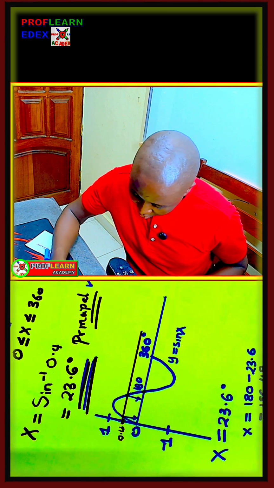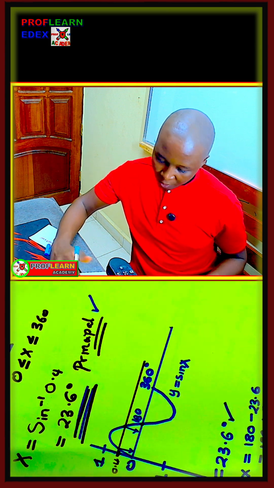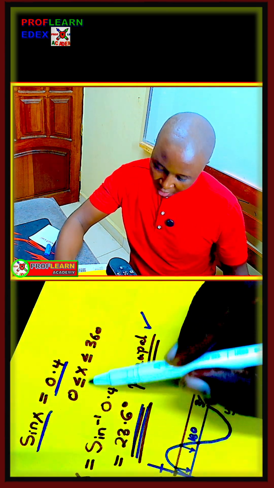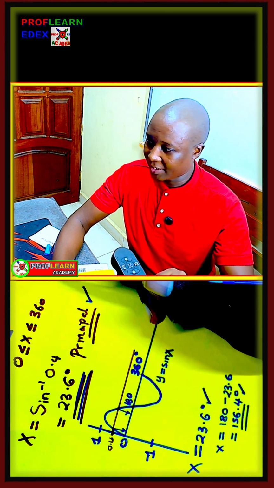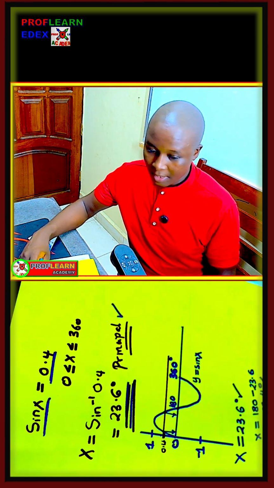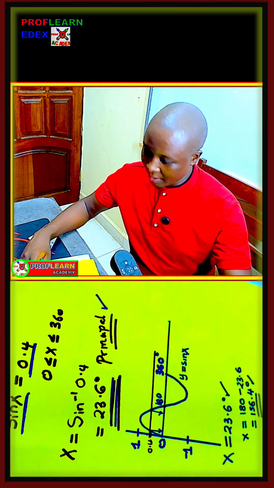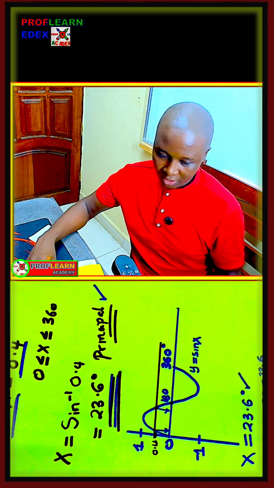These are the two solutions for this particular question in the range from 0 all the way to 360 degrees. Did you understand this? If I give you another question, can you do this? So whenever you are given a trigonometry question, that is how we approach it.